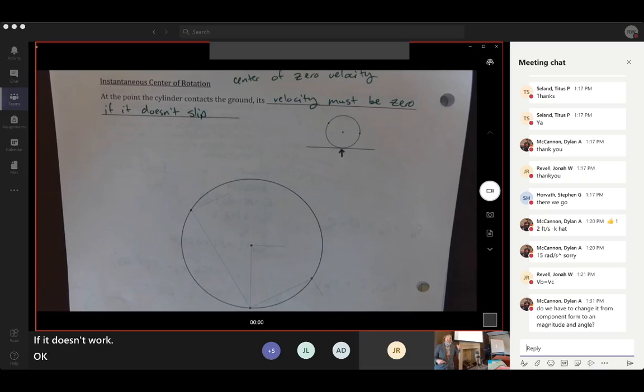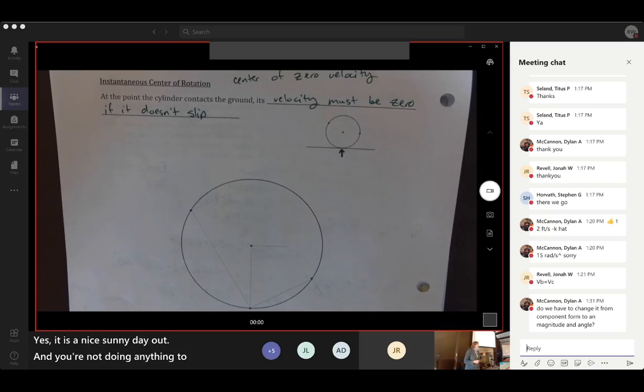Okay, so this is like your car tires. If it is a nice sunny day out and you're not doing anything too crazy, the velocity at the point where your tires are in contact with the ground should be 0. If it's not 0, that's called skidding, right?